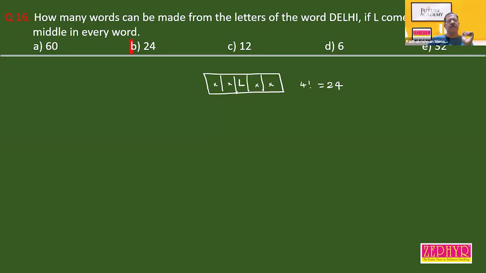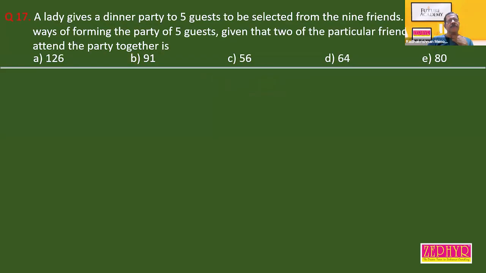And the last question. A lady gives a dinner party to 5 guests to be selected from 9 friends. The number of ways of forming a party of 5 guests, given that 2 particular friends will not attend the party together.